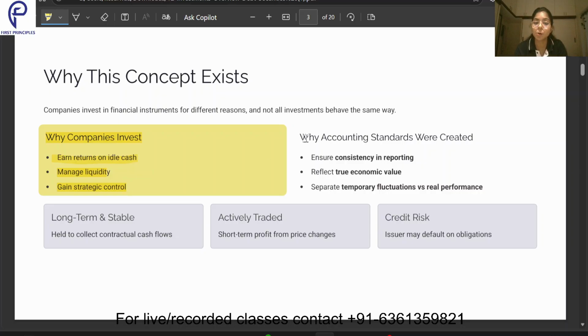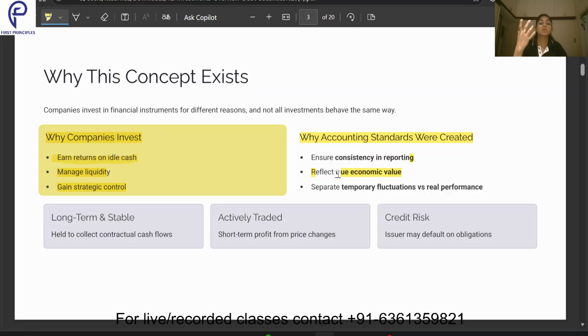Then why were accounting standards created for this purpose? Suppose I have investment in debt securities for continuous four to five years and I want to compare my books of accounts from previous periods. If I'm following a particular accounting standard, there will be consistency in the reporting, and my books of accounts will reflect the true economic value.